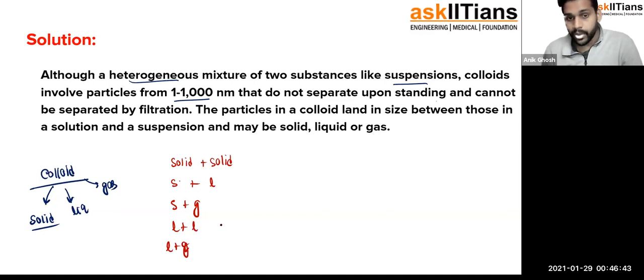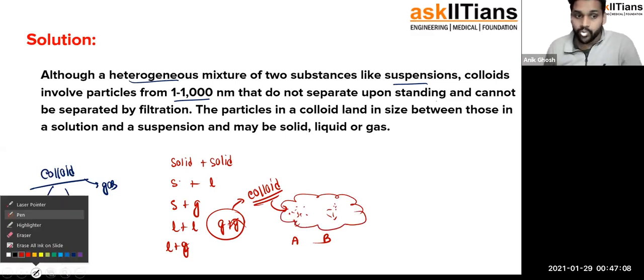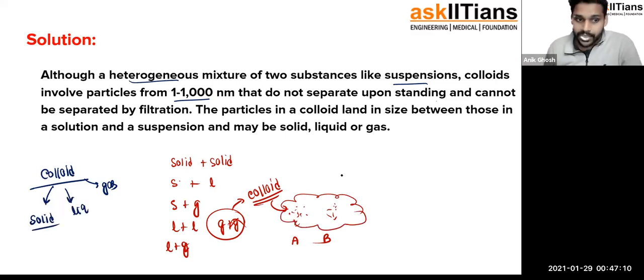But you know what? Gas colloidal solution cannot happen. Gas cannot form colloids. Why? Because when two gases are there, let's say gas A and gas B, if I just let them mix, then every time two gaseous substances always make a homogeneous solution.